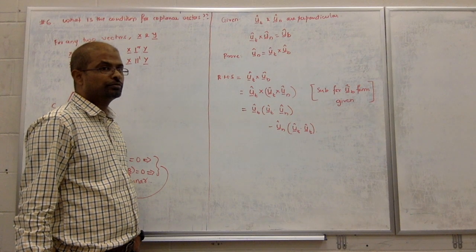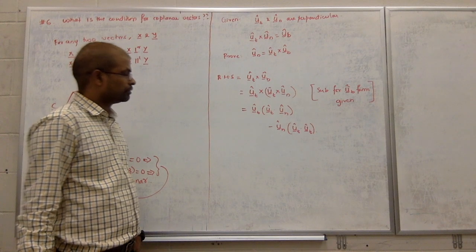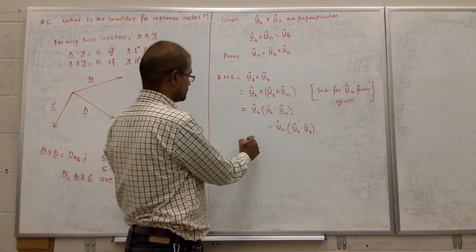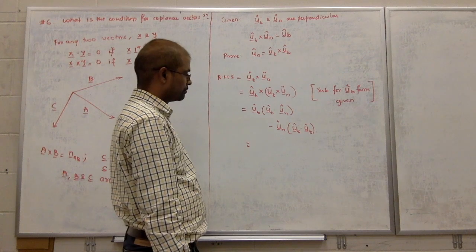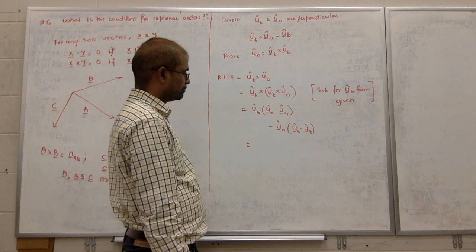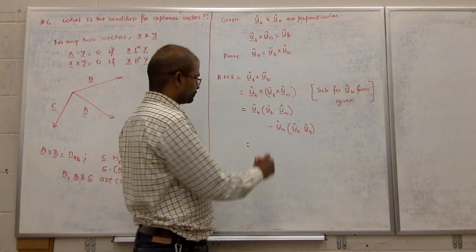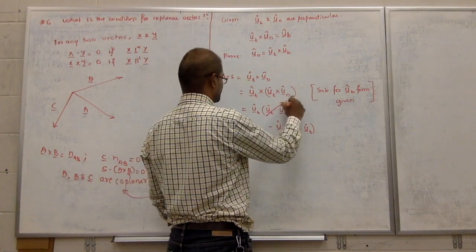Are you trying to figure out what to do after that? Well, UT dot UT is 1, and then UT dot UN is 0. Right. This is 0. Right?